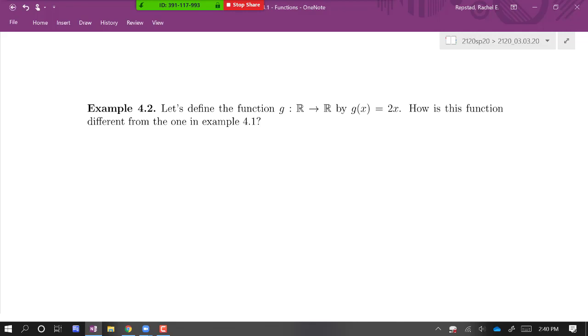We're allowing decimals. Yeah, the function does the same thing, but it acts on a different set. So the domain and codomain are different in this case.